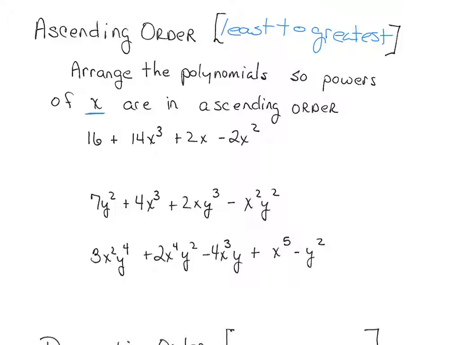So we're looking at the powers of x, not worried about anything that may be with x, just the powers of x. So what's the power of x with 16? 0. Okay, here we have 3, 1, and 2. So if we're going in ascending order, we start with the lowest, the 0. So it's going to be 16.